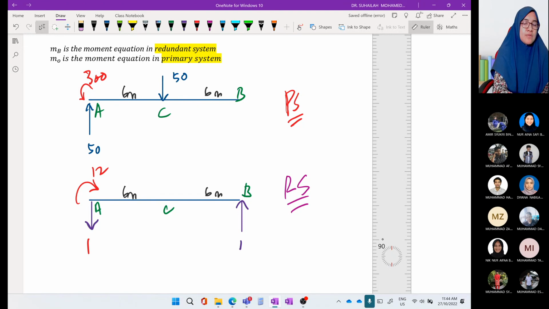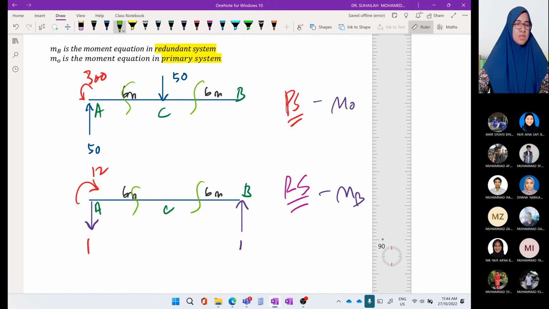From the primary system, we get M naught. From the redundant system, we get MB. So we have to cut the same section for both. If the primary system has 2 sections, the redundant system must follow.